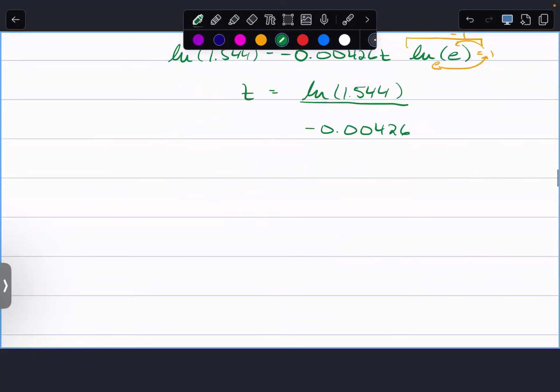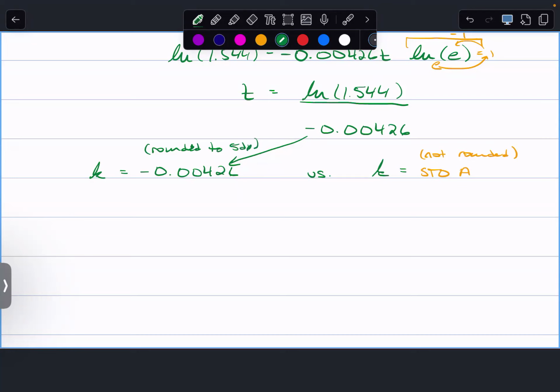Here's where I'll split. k is negative 0.00426 versus k is whatever is stored in a, so not rounded. Rounded to 5 decimal places. We'll compare the two. Why not?